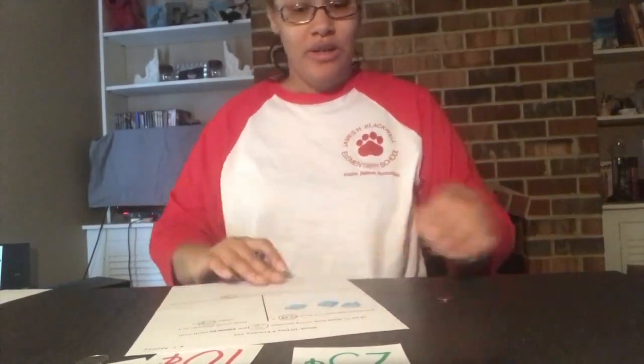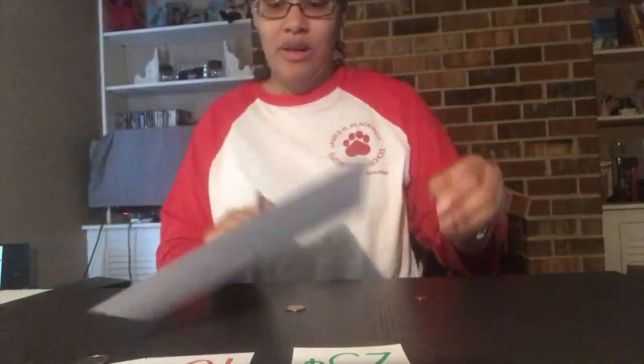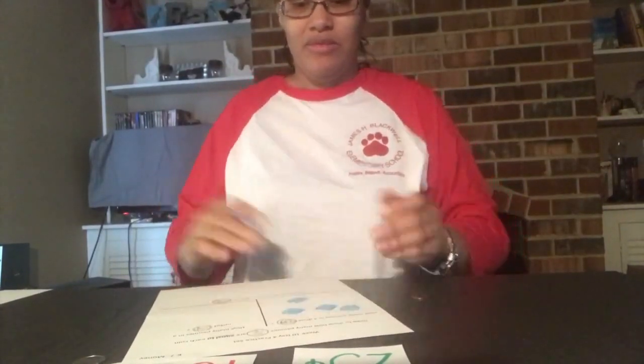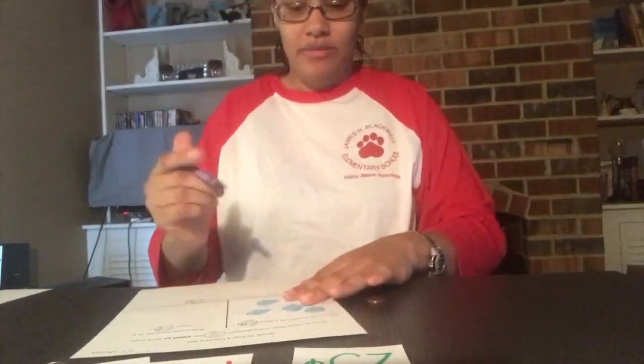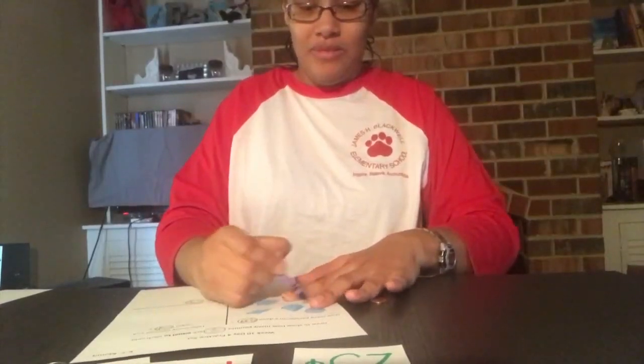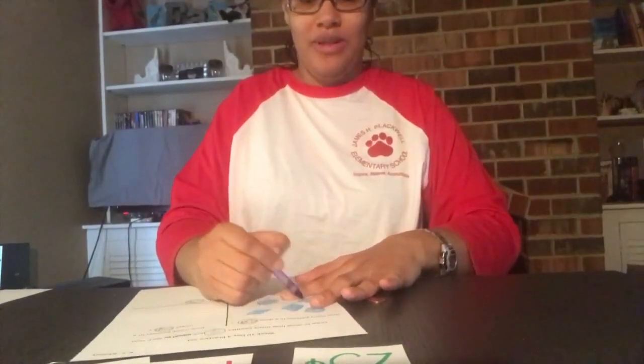Ooh. I'm going to draw another one of these. I like these. So right now I have 4 pennies. I need to keep going. Oops, I drew them upside down. That's okay.